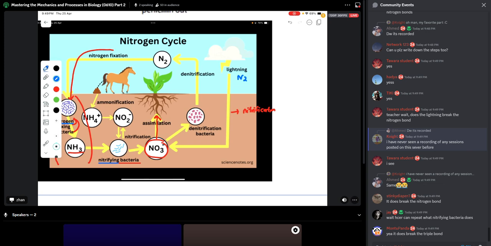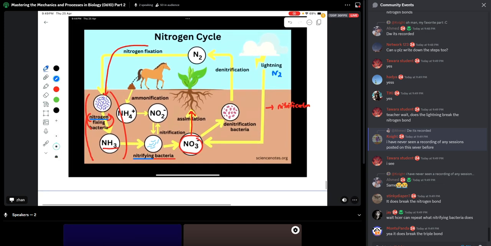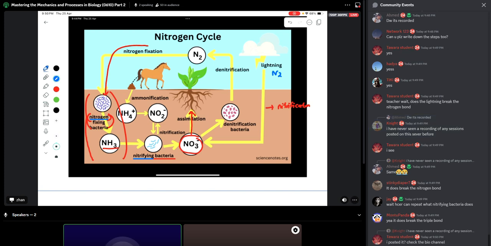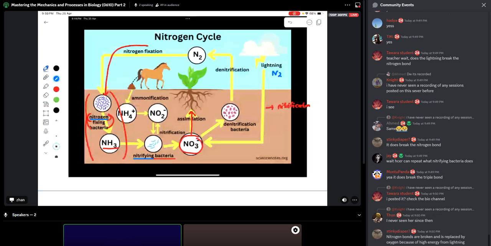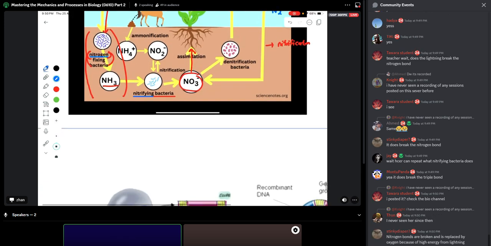So this nitrogen fixing bacteria, I repeat again. It's taking the nitrogen gas from the air, and they convert it to ammonia. Then the nitrifying bacteria will use this ammonia to convert into nitrate ion. Now I make it this way.